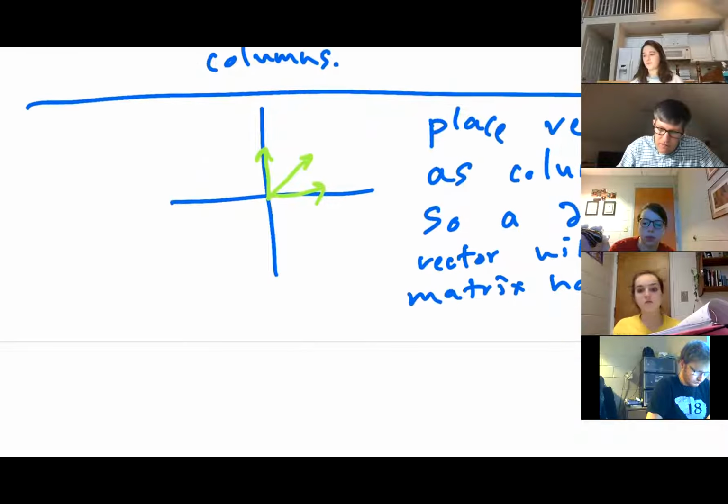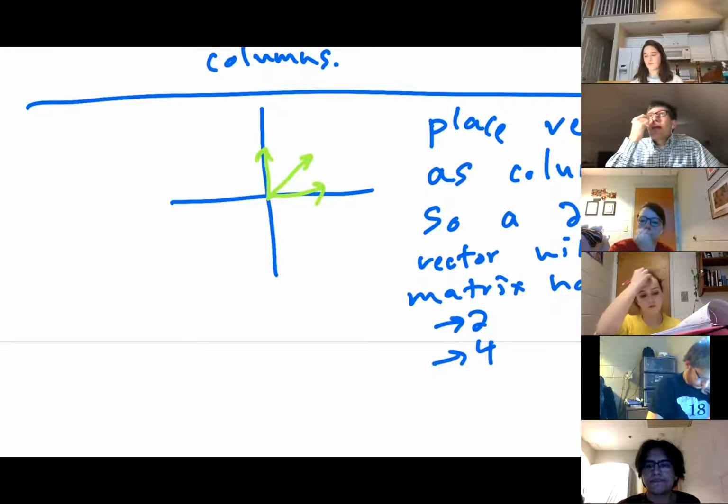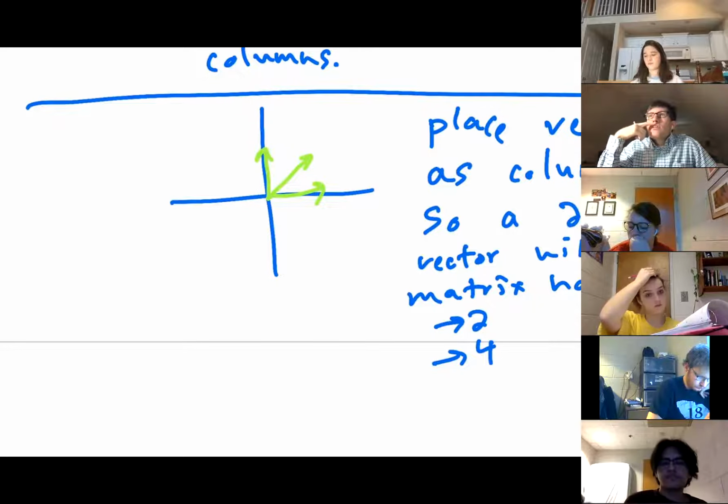If my vector is something like 2, 4, when it goes into my matrix, that tells me it has 2 rows. Does that make sense? Yeah. It's hard for me to wrap my brain around M and N because they're so abstract. So I try to make it very concrete by thinking, what if I have a 2-dimensional vector? What if I have a 3-dimensional vector? What would that look like, and what does that tell me about my matrix?